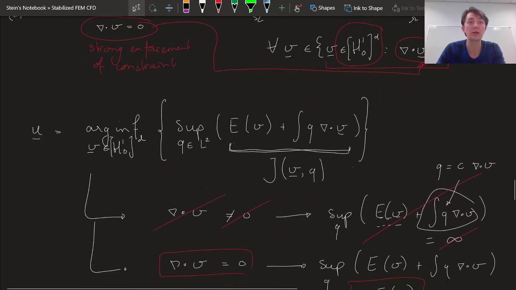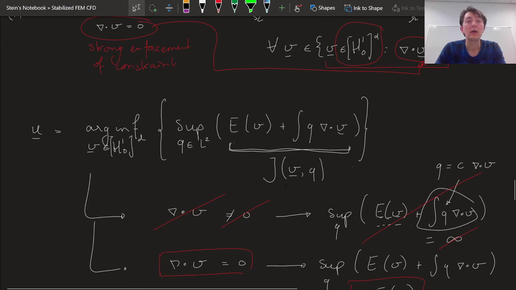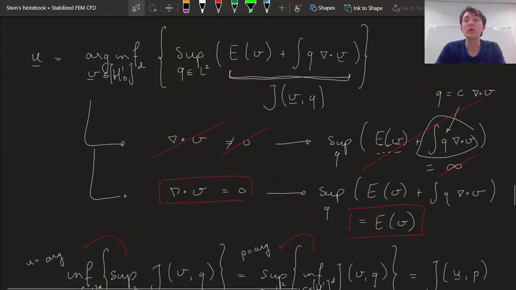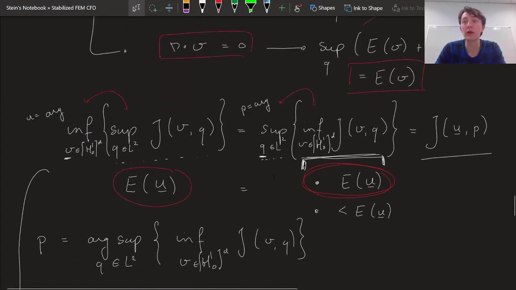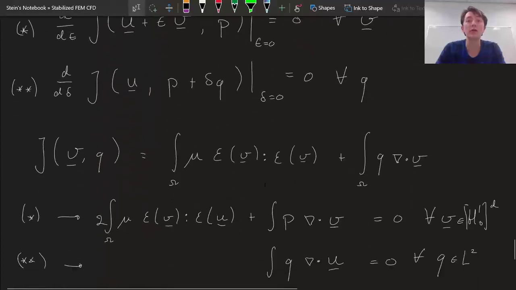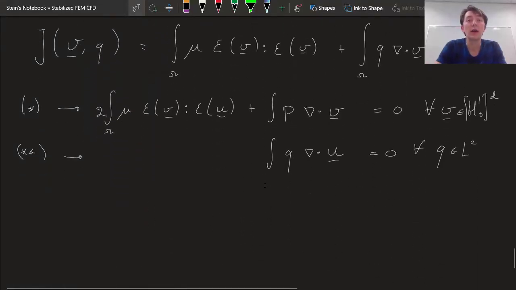That was a trick right here. That introduced a new solution variable, making this a mixed formulation. And this is something that we can actually use to also treat the limit case of incompressibility.